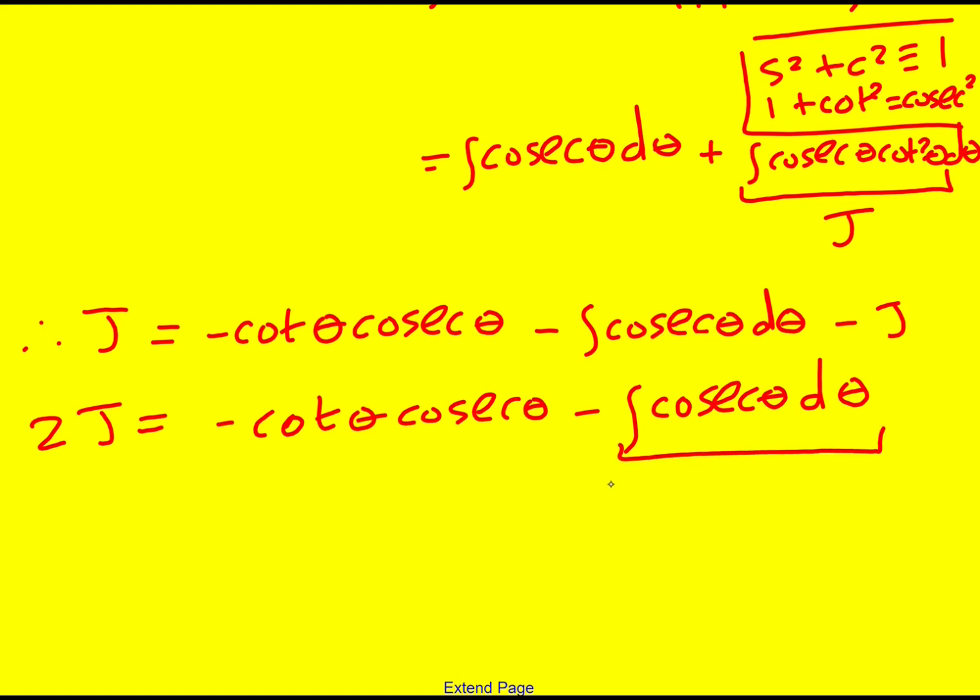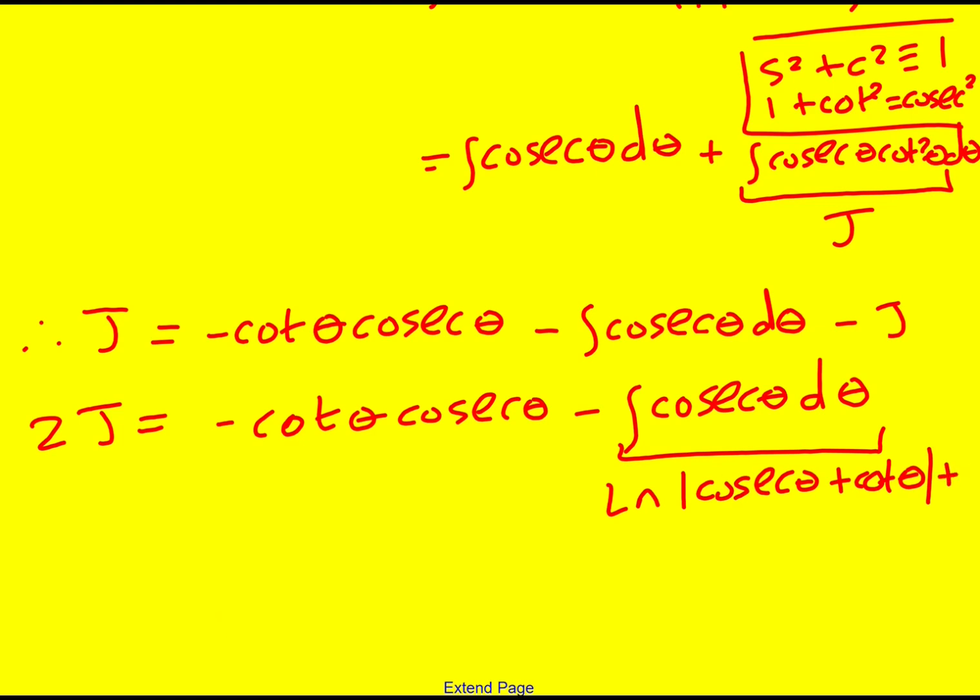And this one is actually in the formula book. It's ln of cosec theta plus cot theta with a modulus around it. And then we're going to get a plus C in the mix as well.